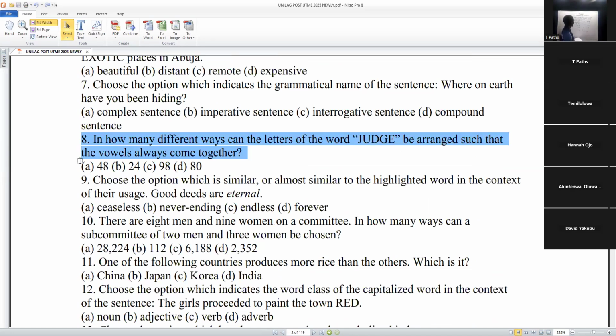Okay. Permutation. In how many different ways can the letters of the word JUDGE be arranged? All right. I love this question because it comes with a condition. You all have your past question there, so I am only showing the solution.